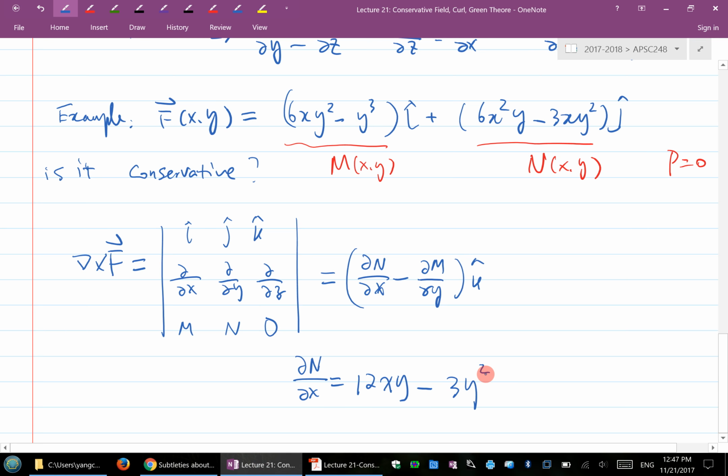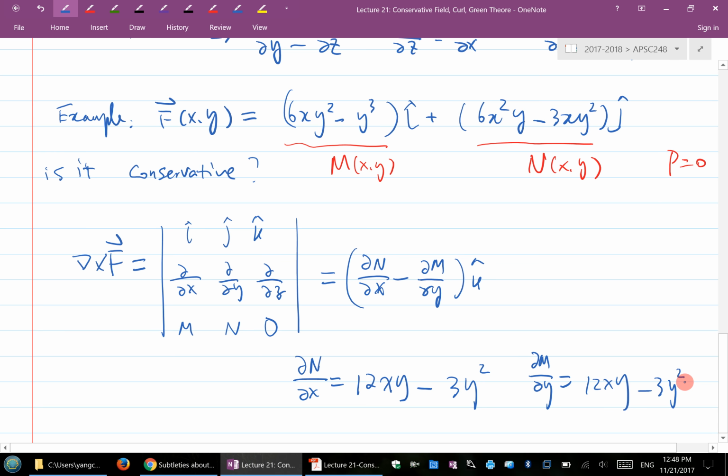3y squared. And then you have partial M over partial y. Treat x as a constant, so you get 12xy, and then 3y squared.